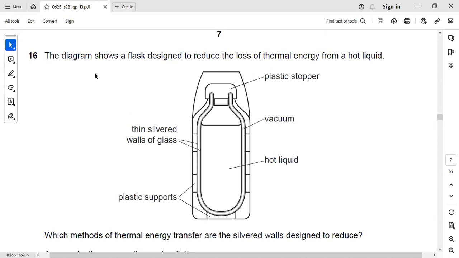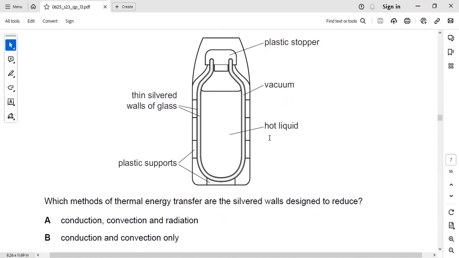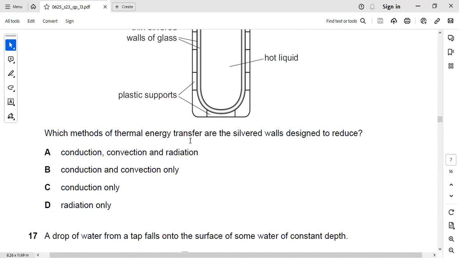The diagram shows a flask designed to reduce the loss of thermal energy from a hot liquid. You can see a flask here, a thin silvered wall of glass, plastic supports, hot liquid, vacuum, plastic stopper. Which method of thermal energy transfer are the silvered walls designed to reduce? We know in a flask we can keep the liquids hot for some time, right?